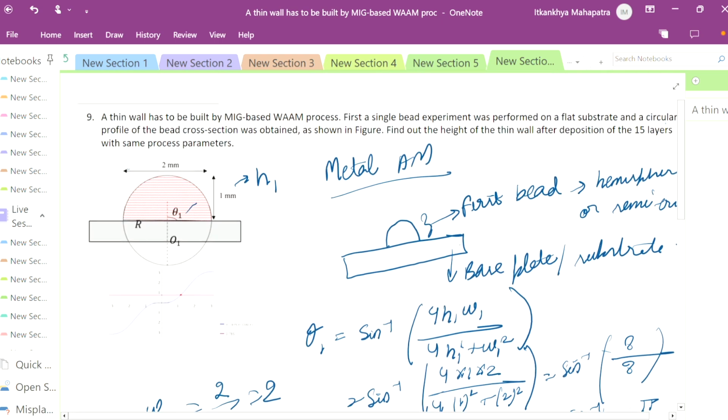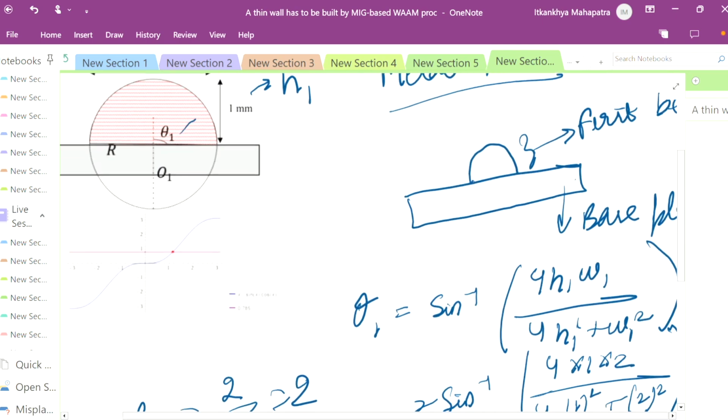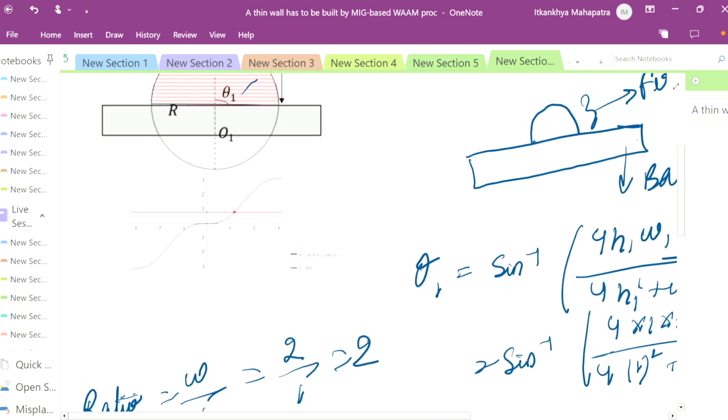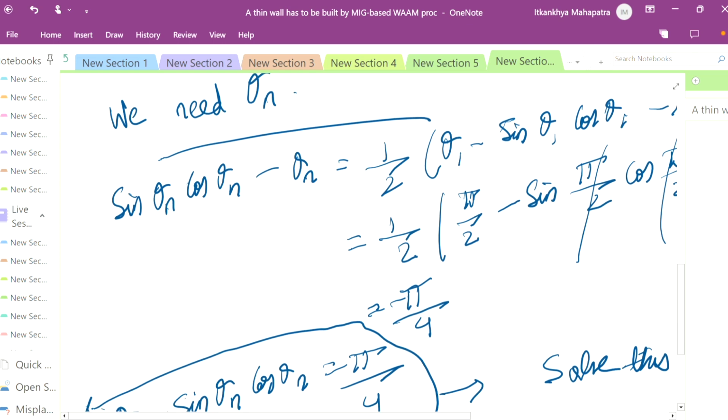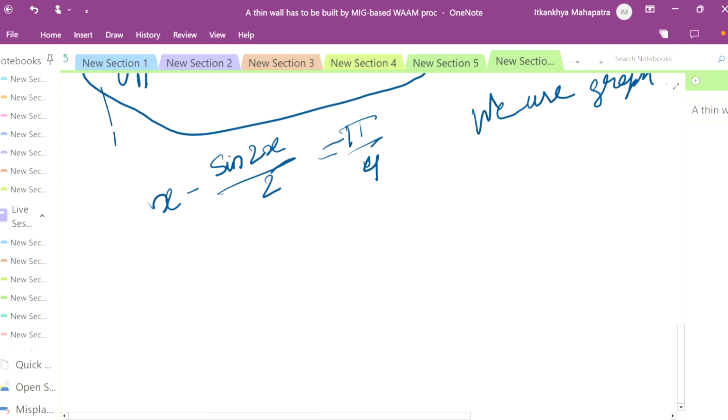We will draw a straight line, and the intersection point with the curve will be the point we take, and we will read off its value.